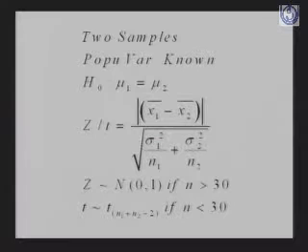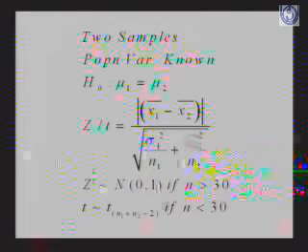Now suppose we are having two samples, and in this case let us begin by taking the first case as we considered earlier, that our population variance is known. In such a situation, we may have two sample means, and we may like to test our null hypothesis that mu1 is equal to mu2, that our samples are drawn from two normal populations having means mu1 and mu2.